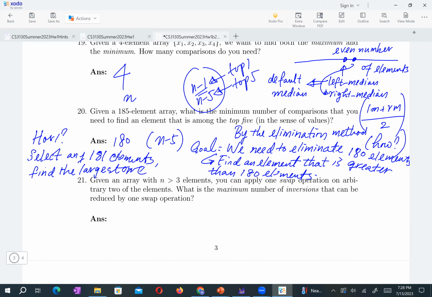So you know all the details for the solution, not just by analogy. n minus 5 by analogy is not good enough. After you know the details like this, if I modify this question to a different version, you can use the same way of thinking to find your answer.